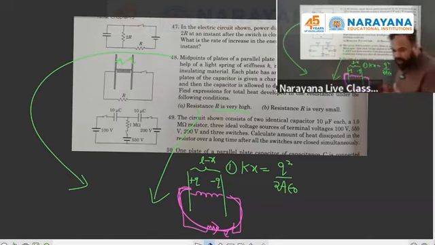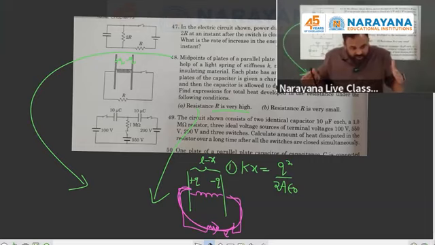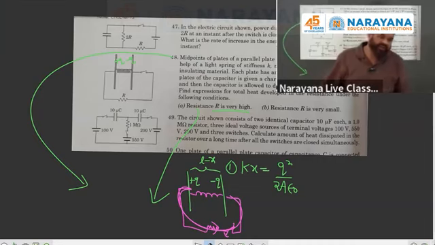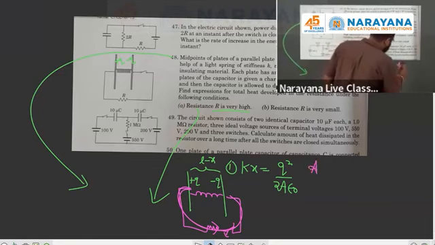So the spring will try to acquire its natural length as the force tends to 0, as the full charge gets leaked.